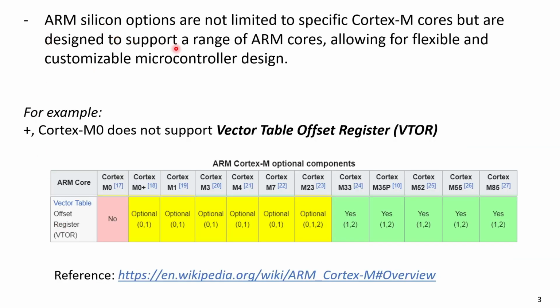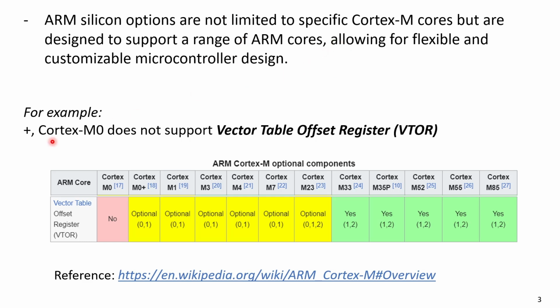ARM silicon options are not limited to a specific Cortex-M core, but are designed to support a range of ARM cores, allowing for flexible and customizable microcontroller design. That means an ARM silicon option is not for a specific core, but a range of cores, right?